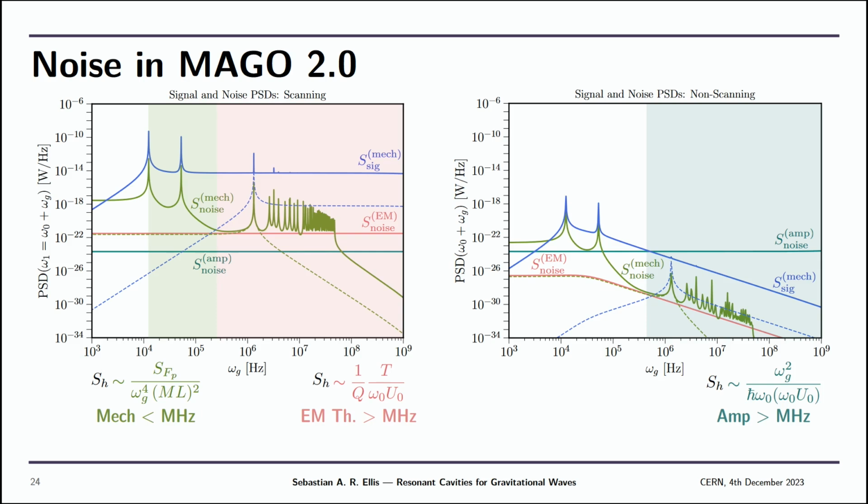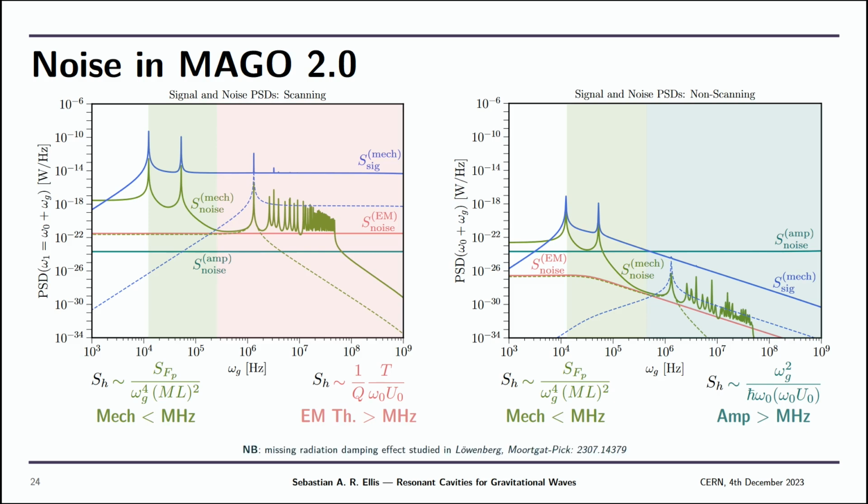As a result, when you're at high frequencies, amplifier noise dominates and the scaling goes like so. And when you're at low frequencies in this particular range, the mechanical noise is dominating once again, and so the scaling goes as before.